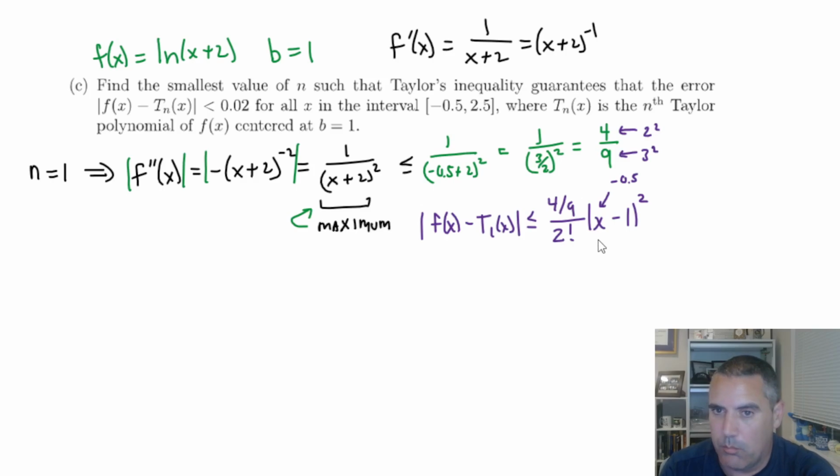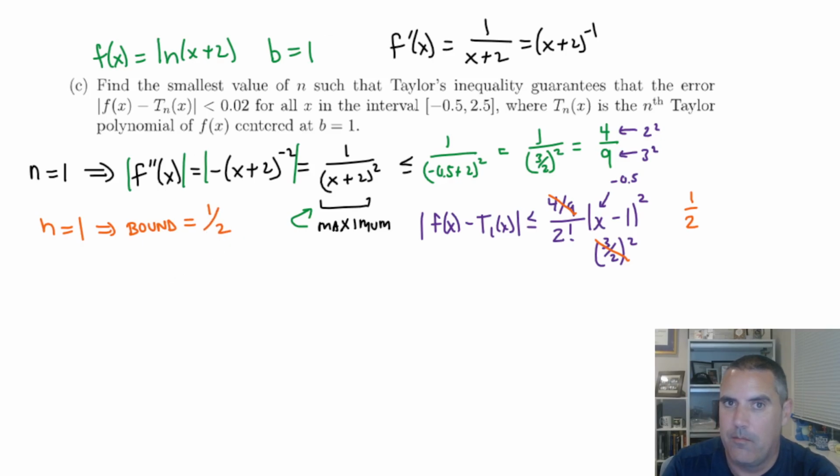I'm going to get negative 1.5, which is negative 3 halves, and it's squared, so it doesn't even matter that it's negative. And wait a second, this was 2/3 squared. Aha! Those are going to cancel, and your error bound is 1/2. And based off of the homework, we should already be starting to have an idea because we've seen this already.